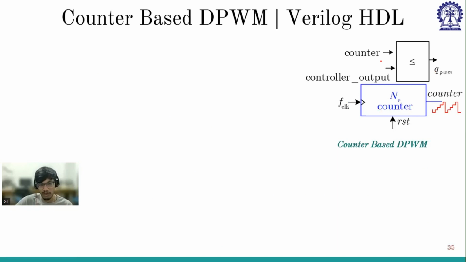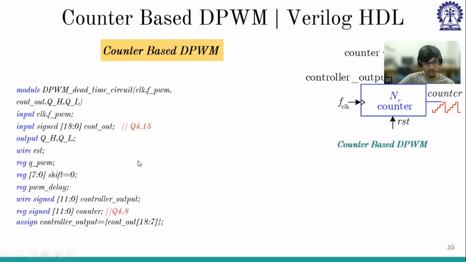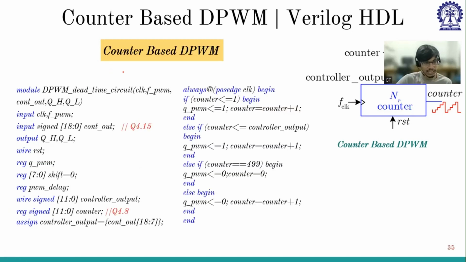So here we have the counter as well as the controller output, which go to the comparator and it gives the PWM output. So this is the counter-based DPWM. This entire thing is the code, but currently you might not be able to understand all of it, because it will be taught in detail in digital voltage mode control, which is in week 8.